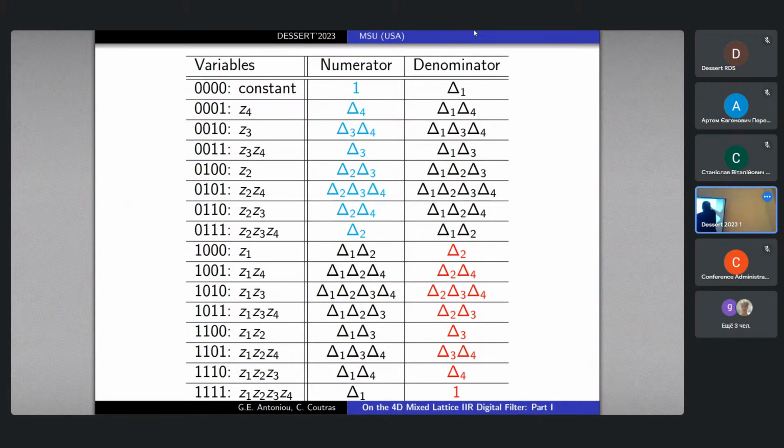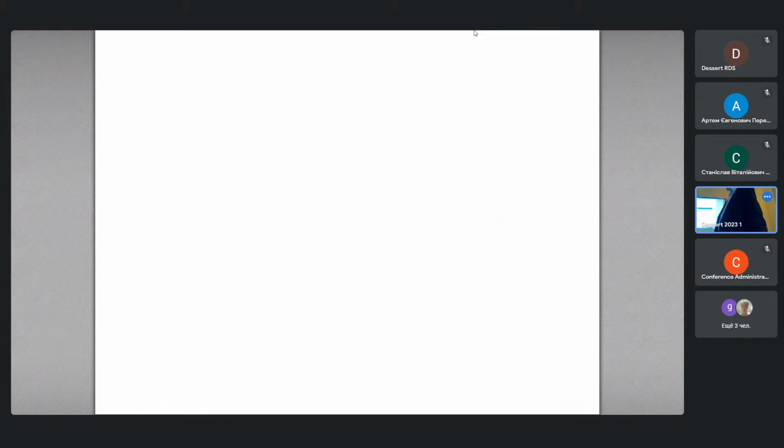You can see 1, delta 4, 3, 4, 3, 2, 3, 2, 4, and 2. Also the other way around, delta 1, 1, 4, 1, 2, 3. So this is also a correct transfer function for the given 4D filter.